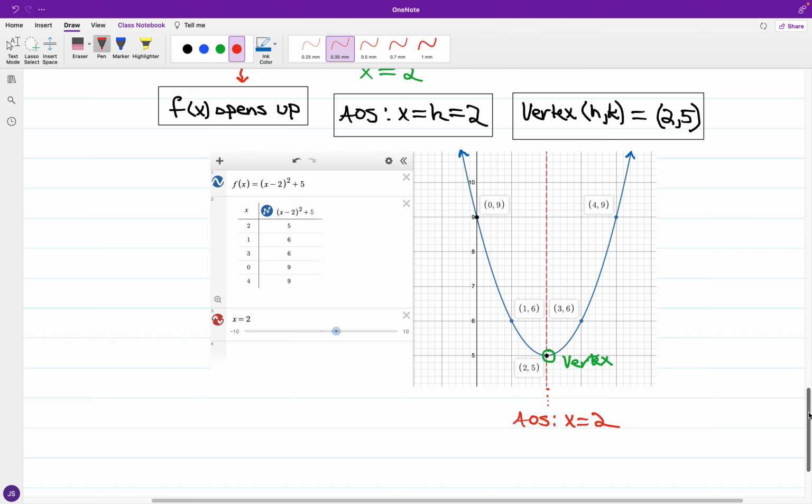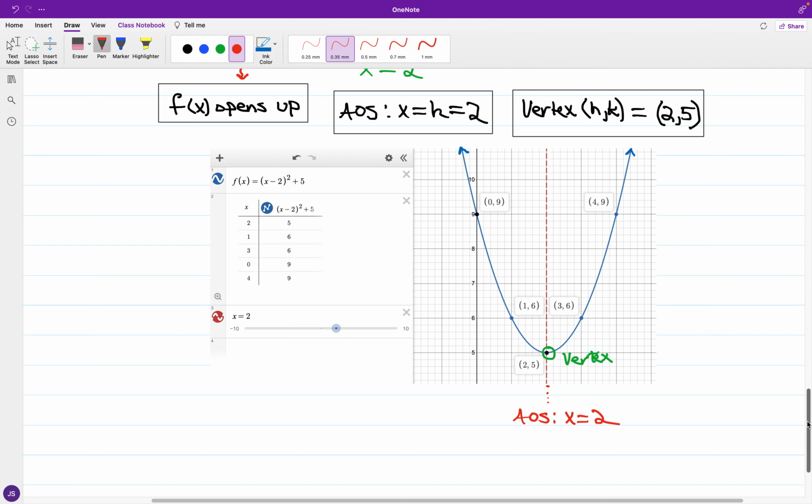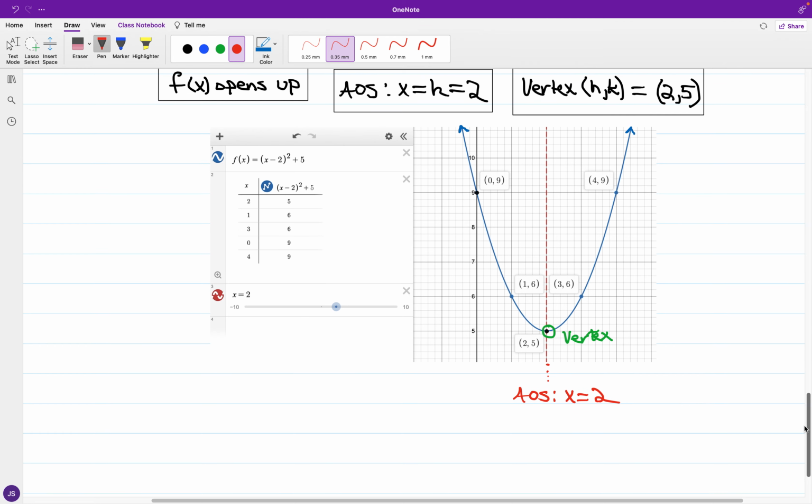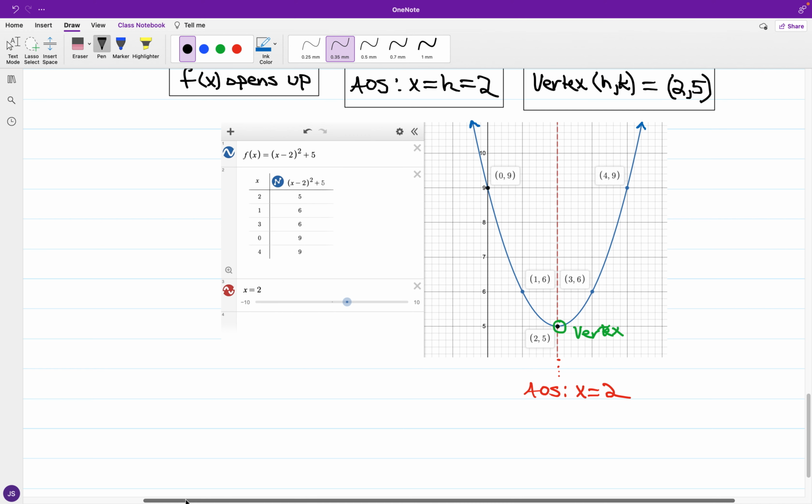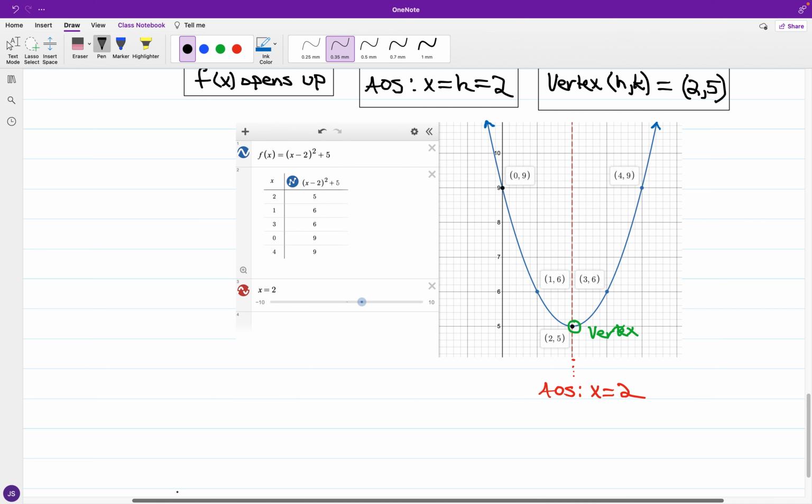All right. Now, in the case of another quadratic function that we have in vertex form, we're looking at the direction the graph opens, as well as the axis of symmetry and corresponding vertex.